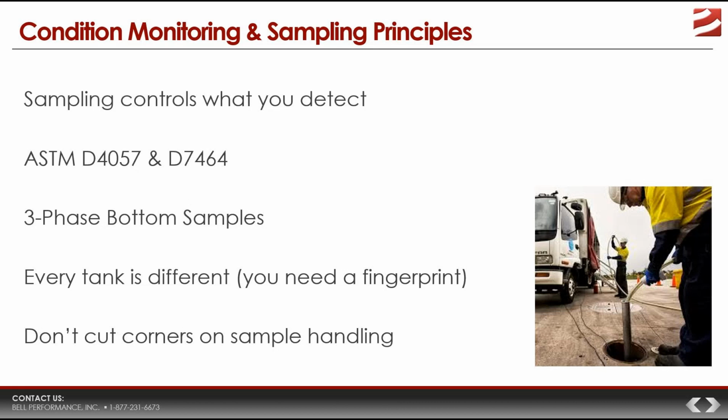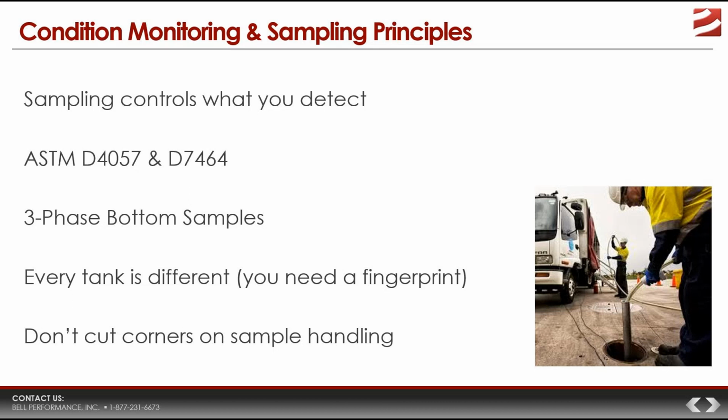Important point number two: surface samples are best, but they're not always practical, which means three-phase bottom samples are our best bet for doing this. Microbes, if they had their preference, would say they most like to live on solid surfaces within some kind of biofilm.